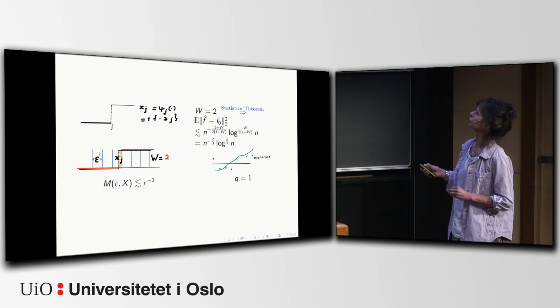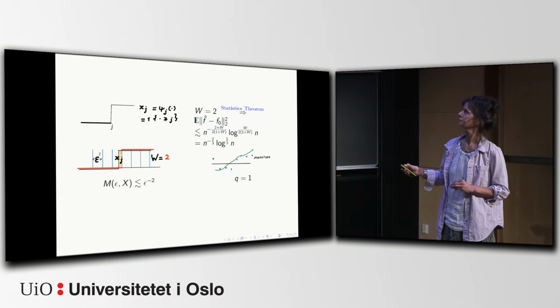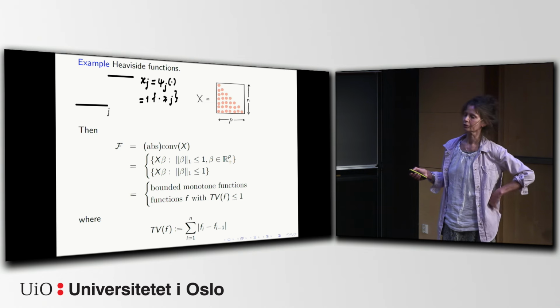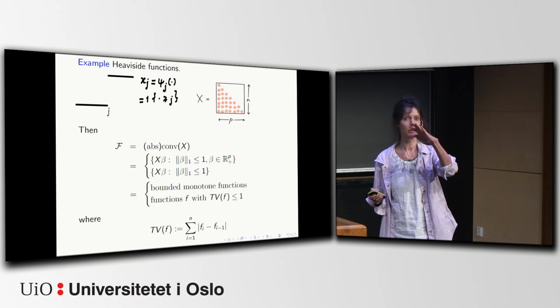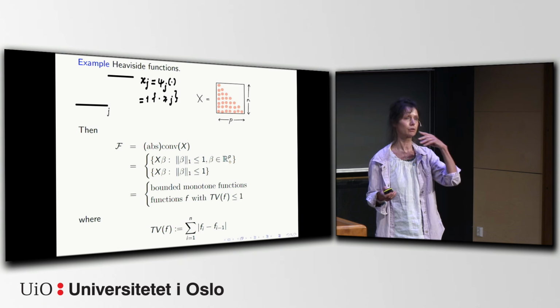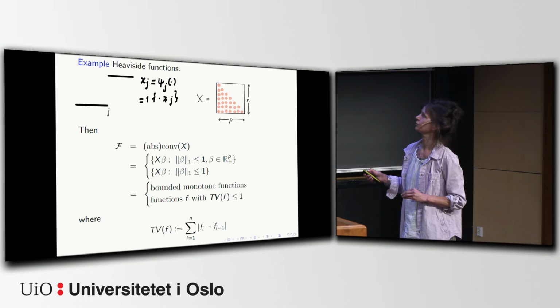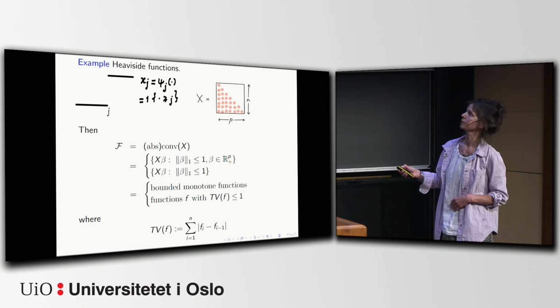Here. Suppose you want to estimate a monotone function. Okay, now I go back. So a monotone function, you just think of a monotone function. Well, a distribution function is monotone, right? We know this. A distribution function is monotone, and it's bounded by 1. You can think of it as being a mixture of Heaviside functions, which are these degenerate distribution functions. The Heaviside function is 0, and then jumps to 1 at a certain point.